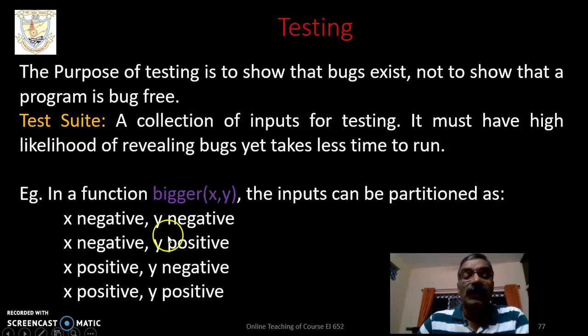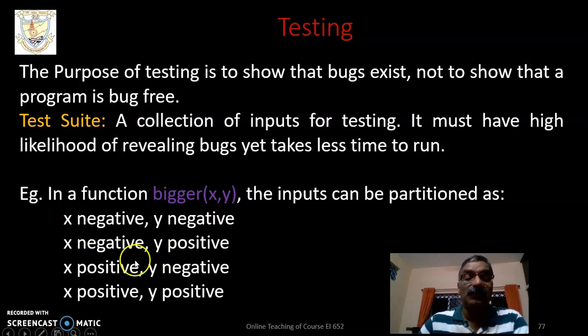Now, whenever we want to generate a test suite, we have to give extensive input. In this case, for example, I have two inputs, x and y. What is the first possibility? Take both x and y as negative numbers.